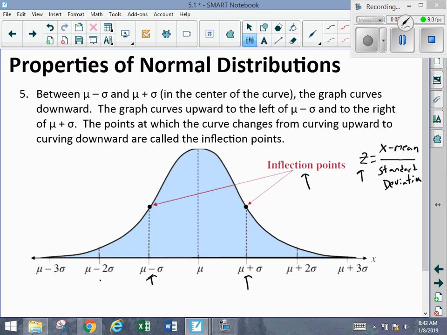This is 2 standard deviations below the mean, and this is 2 standard deviations above the mean. I really prefer to write this picture like this, right? There's 1 standard deviation, 2 standard deviations, 3 standard deviations, and this is 1 standard deviation, 2 standard deviations, 3 standard deviations. I think it's a little simpler to write it in that way.